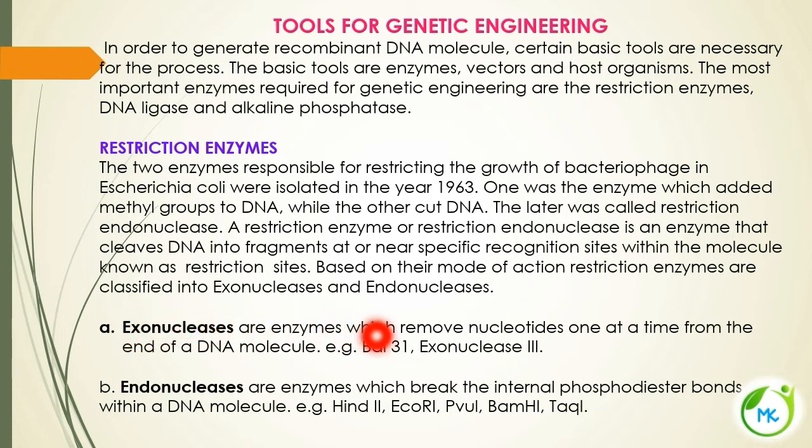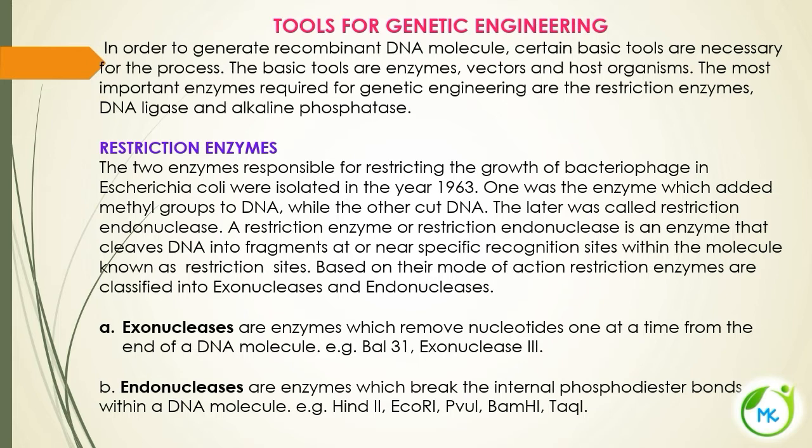And what are endonucleases? Endonucleases cut the DNA or break the internal phosphodiester bonds. So it makes a cleavage in between the DNA molecule. That's why it is called endonuclease.